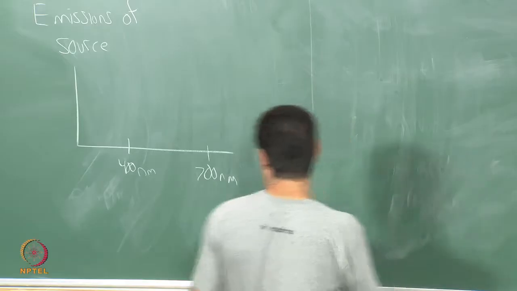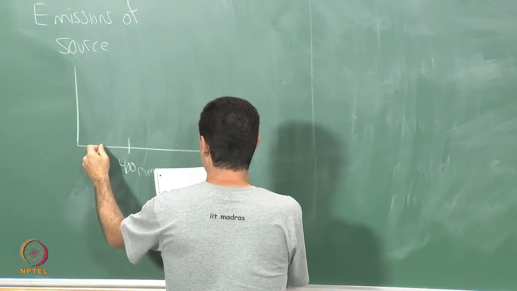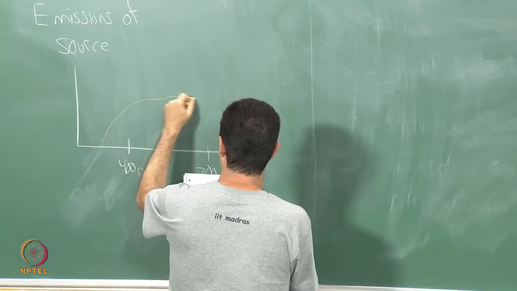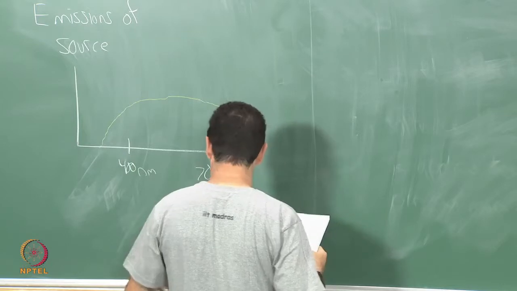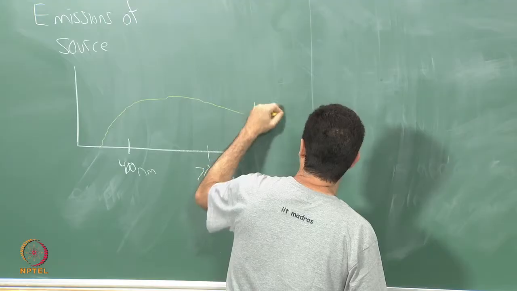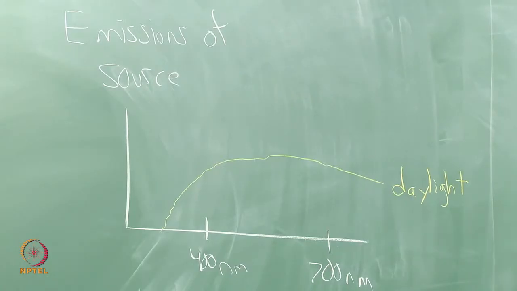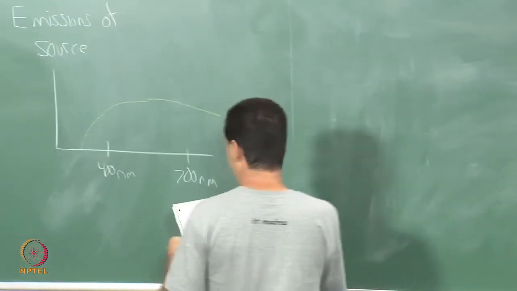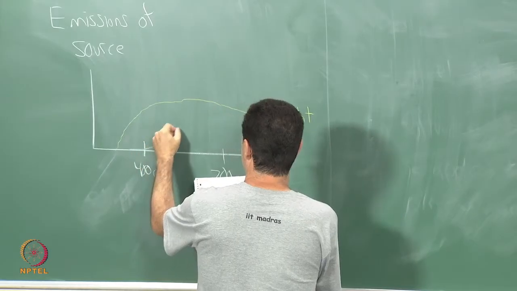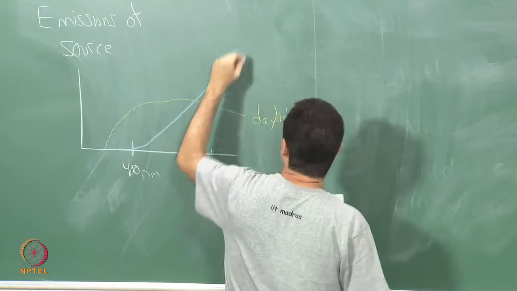These are just rough plots, but they give you some kind of idea based on reality in some way here. This plot could correspond to daylight. And this may correspond to an incandescent lamp.